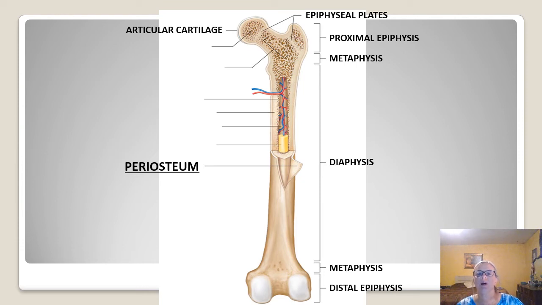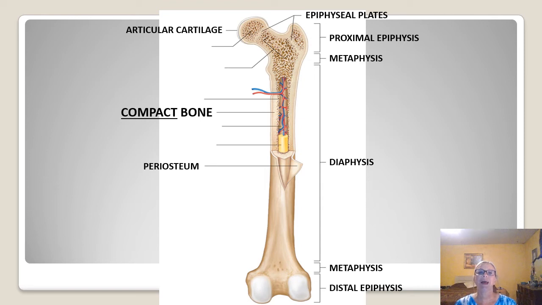It also helps form and repair bone tissue. If you've boiled some chicken, sometimes you can actually see this pull away from the bone. Here in the picture, they're showing it opened up and pulled away. I don't want to use the word skin because I don't want you thinking of skin. It's not skin, but it's kind of like a wrapping around the bone.